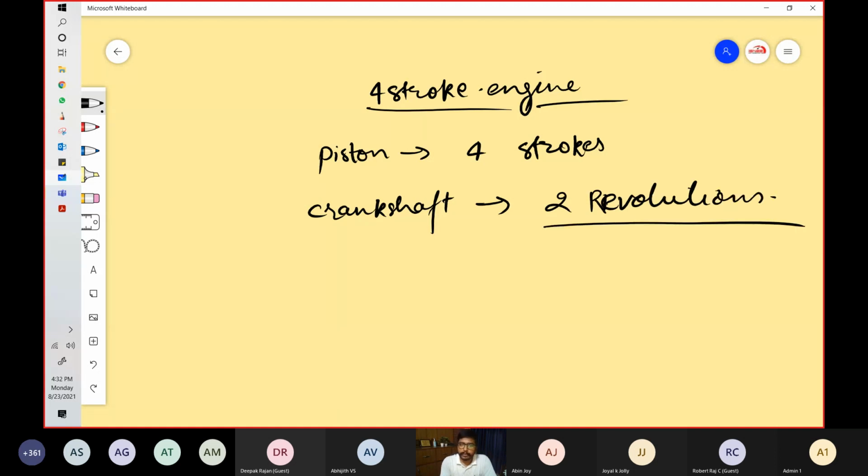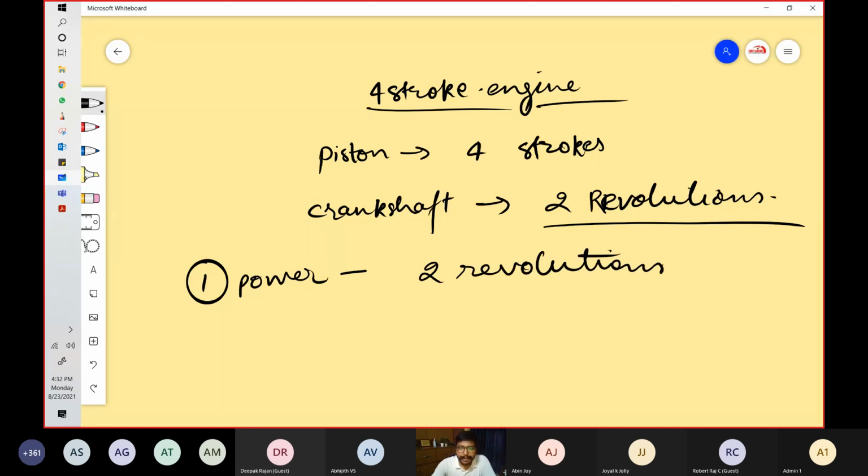All right, so that means 1 power stroke and 2 revolutions. So there are 4 strokes, and in these 4 strokes, there is only 1 power stroke. So if we can decrease these strokes, what is the scenario in a 2-stroke engine?